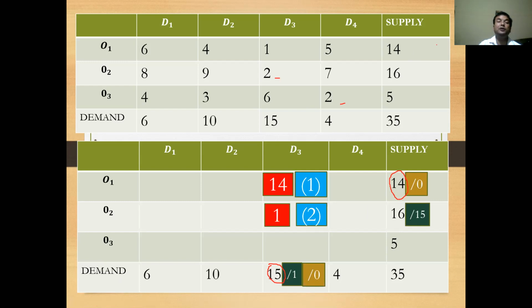So now we can think only of destination 1, destination 2, and destination 4, and of origin 2 and origin 3.